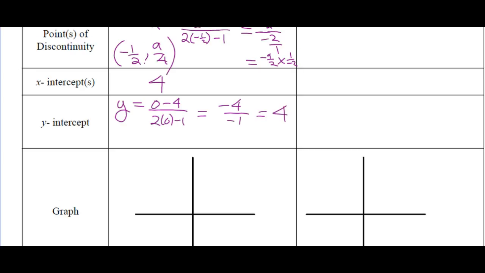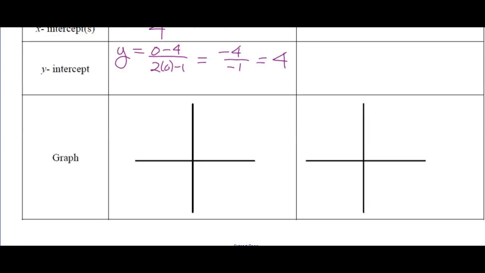Draw the graph. All right, so we have an asymptote at 1/2. We have a point of discontinuity at negative 1/2 and 9/4. We have a y-intercept of 4 and an x-intercept of 4. It's a rational, so it's going to look like this.